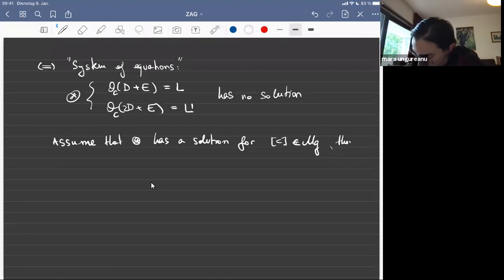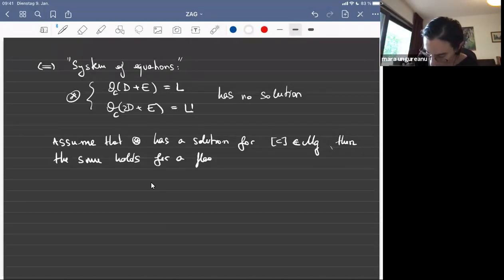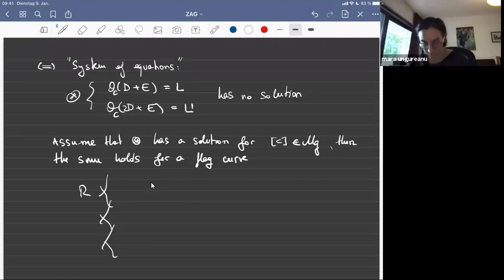Then there is a really nice result by Farkas that tells you that the same holds for a flag curve. That I'm going to draw. So this is my flag curve. It consists of a rational spine, R. So this R is a rational curve, together with some elliptic tails. So these are all elliptic tails.